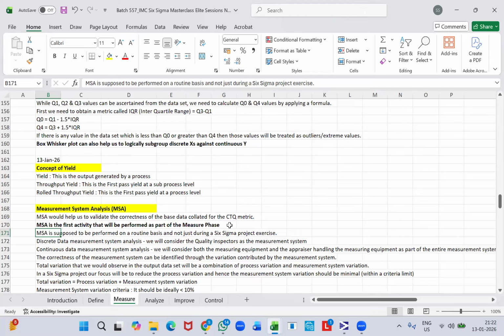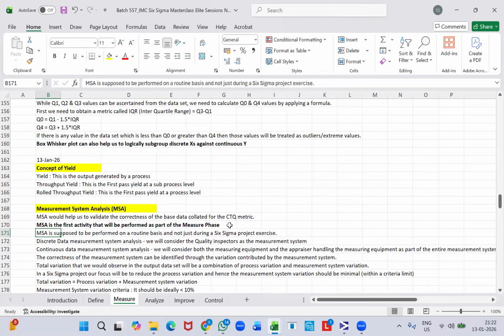But if you have been performing this exercise on a routine basis, then when we actually perform the same exercise as part of our Six Sigma project, you can be rest assured that the measurement system is working fine and whatever data the measurement system has given is absolutely valid. So you don't have to really worry about the result of this exercise.